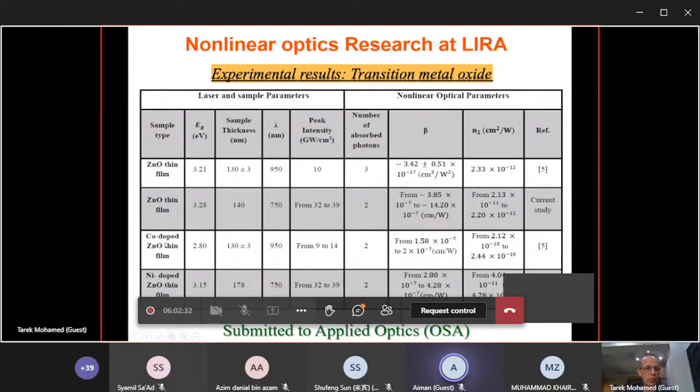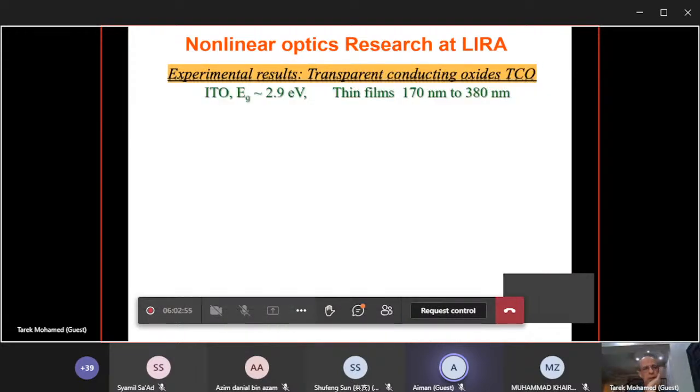And when we dope this with cobalt, beta changes, and we can also see how it changes with the sample, I mean zinc oxide and zinc oxide doped with cobalt and nickel. We submitted this work to the Optical Society of America. Applied Optics belongs to the Optical Society of America.